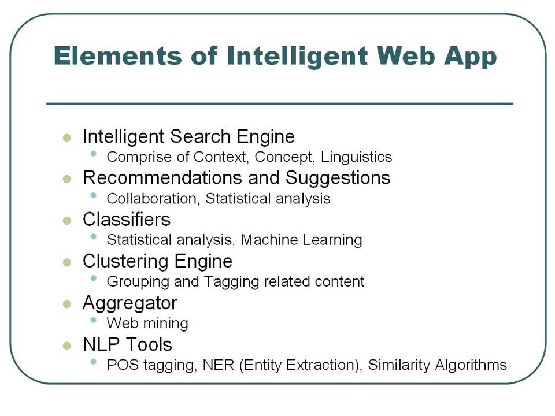To provide web personalization, web data mining, and the semantic web, you will require an intelligent search engine which can understand the context of your search query, which can extract concepts out of that text query, and which can apply linguistics to extract concepts. Then you should have a recommendation and suggestion engine.